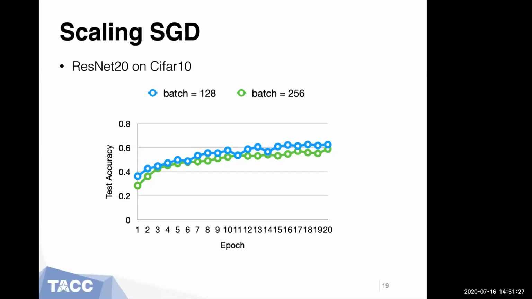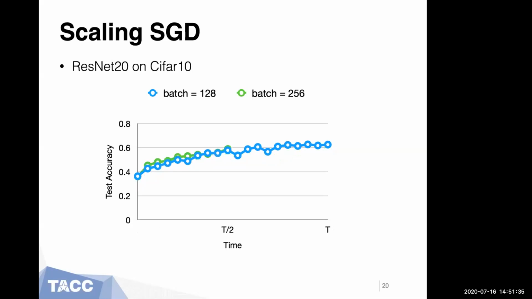The test accuracy by the end of the 20th epoch is lower than the previous case. If we map this into time, ideally that means in half of the time, we couldn't reach the model performance that the original case reached, right? So what shall we do?